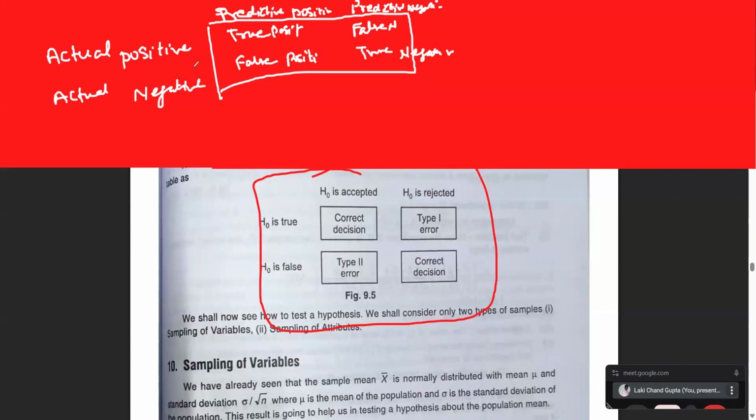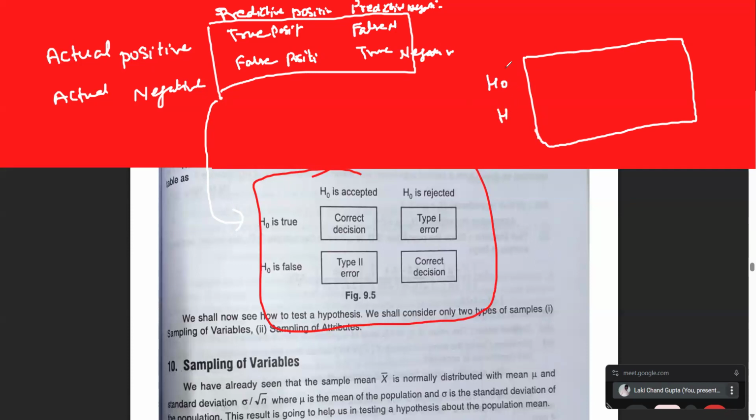So the same thing is decoded in this way. Suppose you are guessing anything true and it is accepted, then your decision is correct.